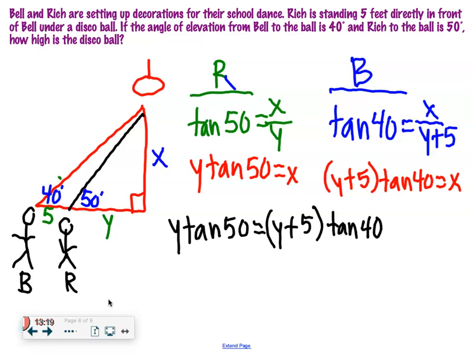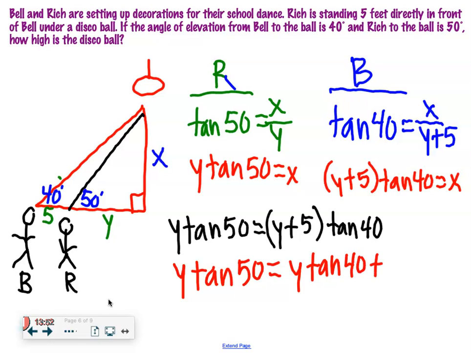Okay, now I want to get Y by itself, so what's our first step? Right now I'm multiplying though. I have to do something over here first. Can we distribute? We gotta distribute. Tan 40 times Y, yep. This is goofy, guys, I know. Plus 5 tan 40.